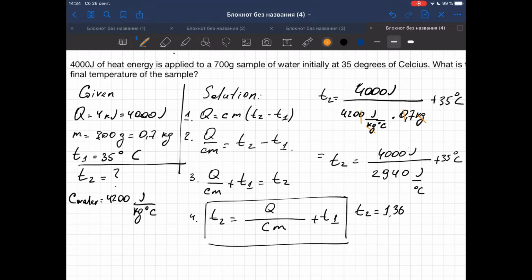The joules and kilograms will be cancelled, and we have the 1.36 degrees Celsius plus 35 degrees Celsius. So the answer will be 36.36 degrees Celsius. So the answer is the second temperature is 36.36 degrees Celsius.